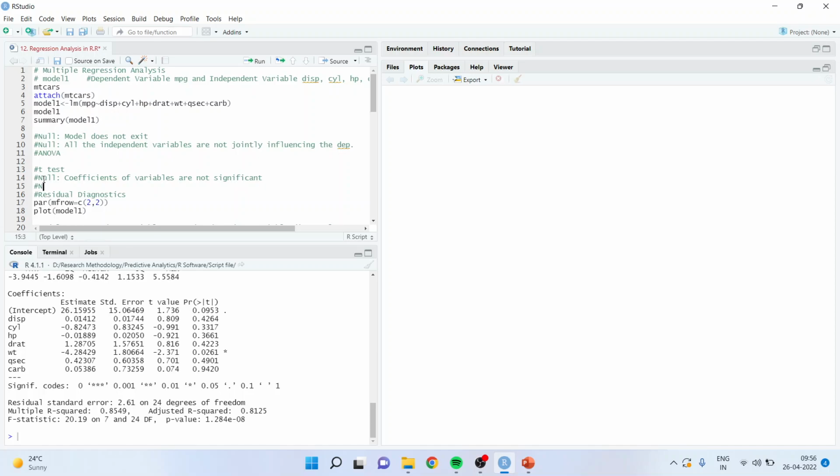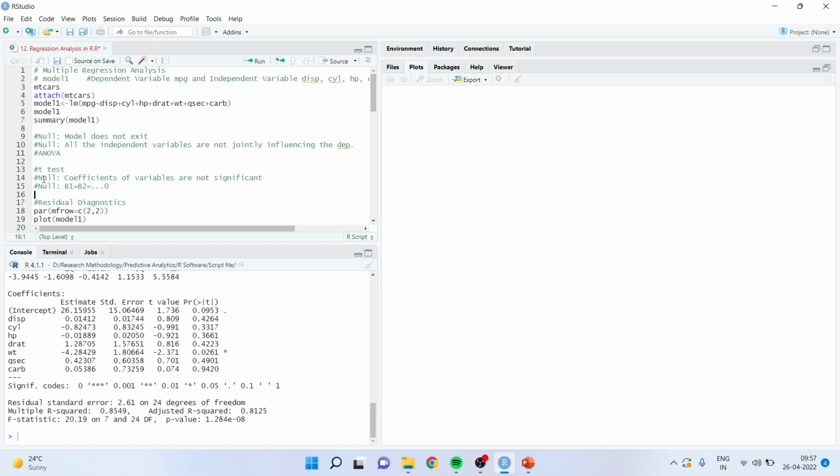In some books the null is written as b1 is equal to b2 is equal to dash dash dash equal to 0. It means that none of the independent variables is affecting the dependent variable.